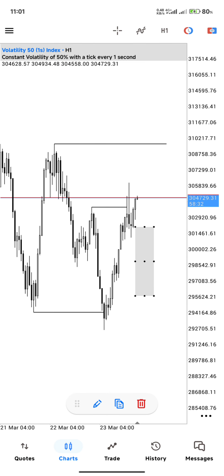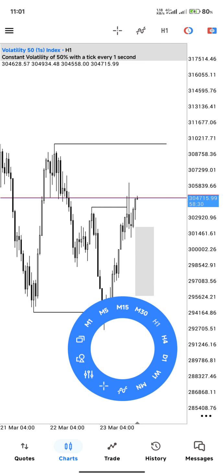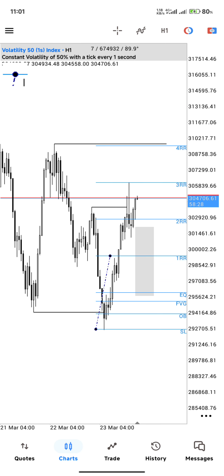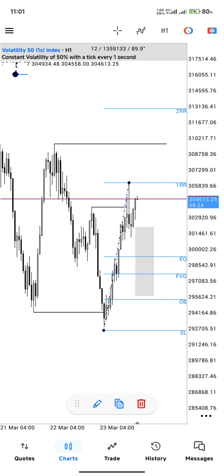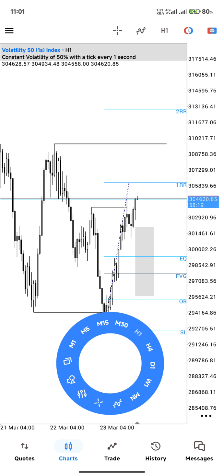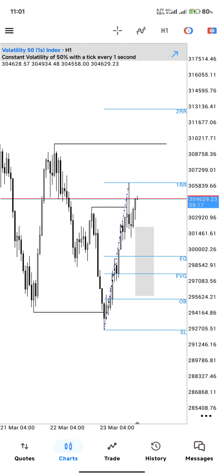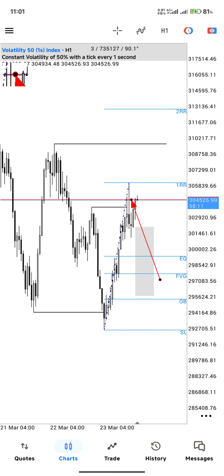If you take your Fibonacci, for example, from this high to this low, now I don't expect price to go above these highs. If price goes above this high, it may just go above this, and then there may be no reason looking for buys below here. So this would be our area of interest. I don't want to see price go above this high. I just want to see it retrace.